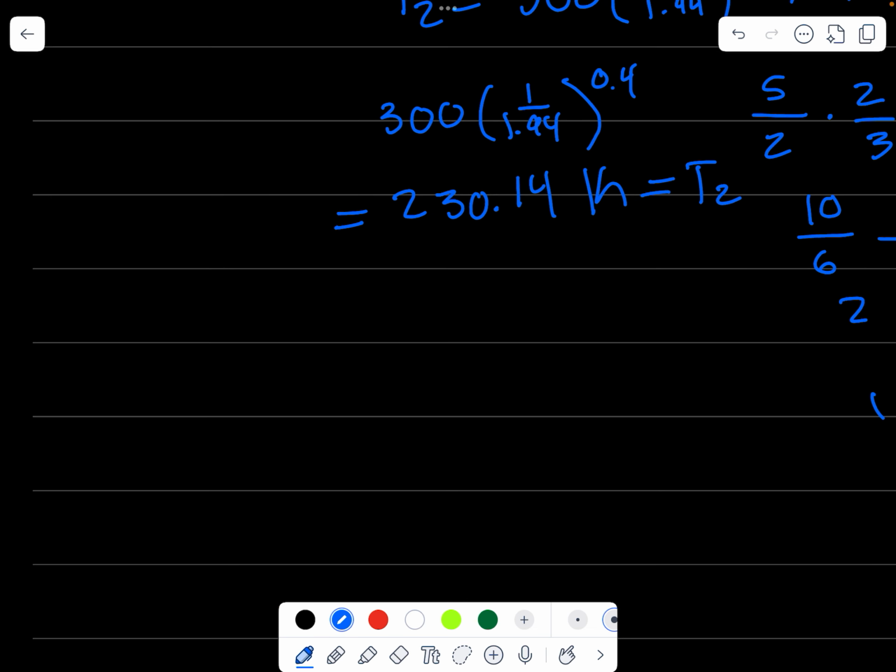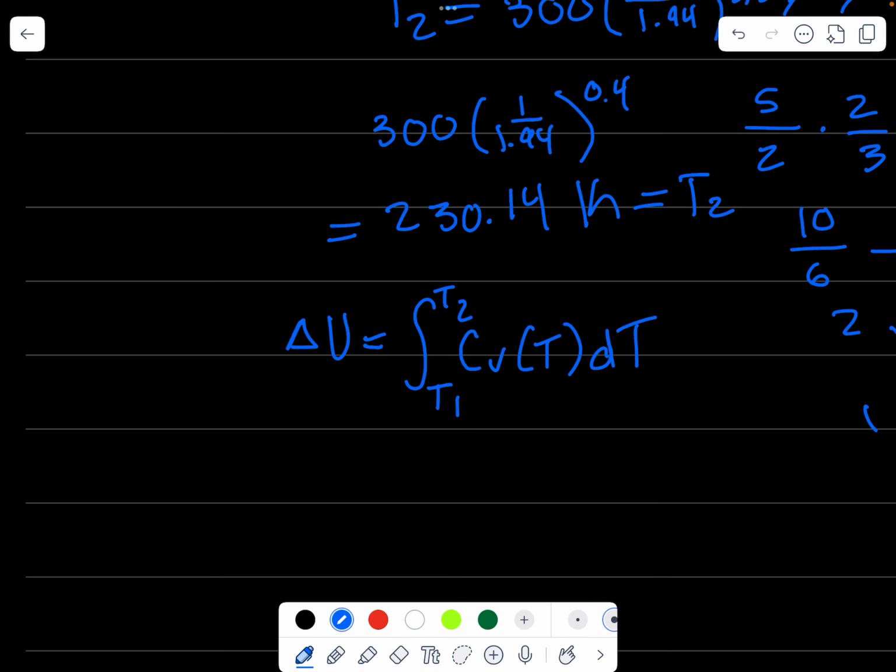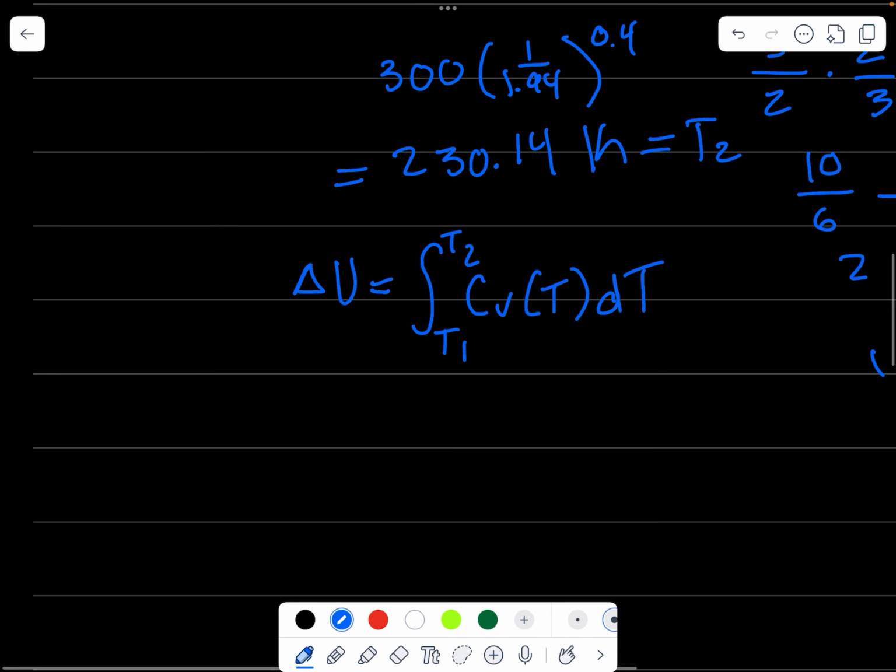So I have another equation here, delta U equals the integral from T1 to T2 of Cv dT. This is going to be the equation that we use to solve for our internal energy as well as our work. So essentially delta U equals, and in this case Cv is going to be a constant, so Cv times T2 minus T1.